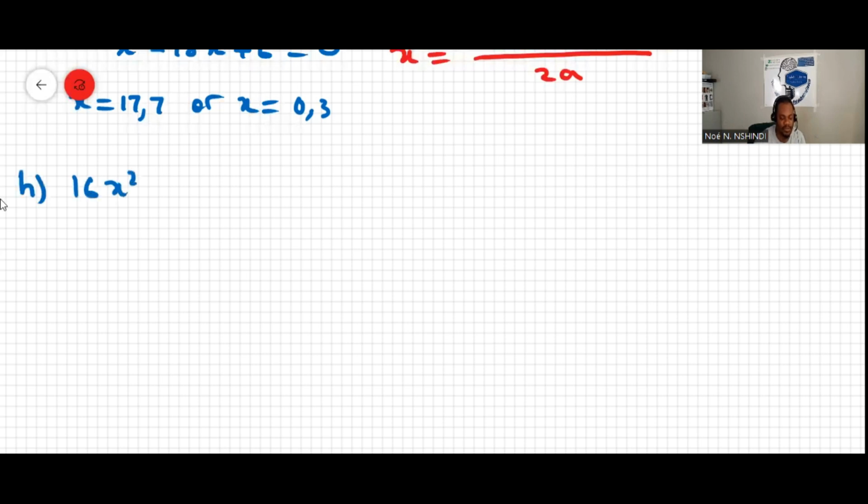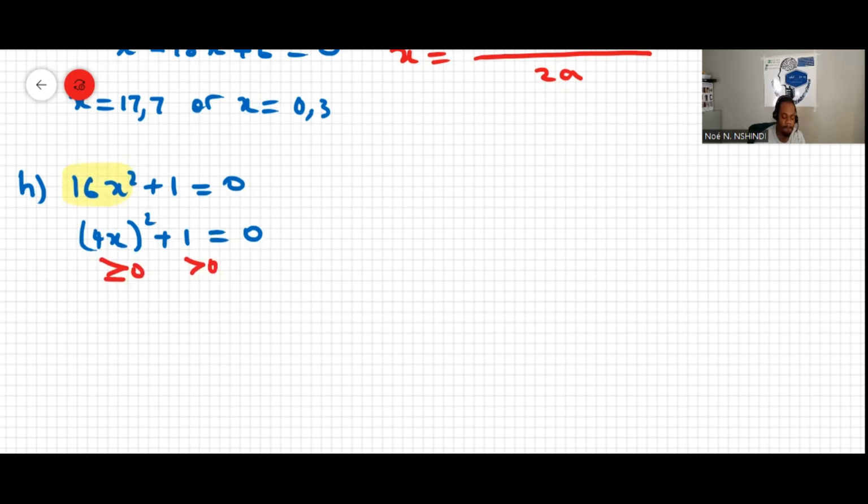16x squared plus 1 equals 0. Again, if you look here, 16x squared is just a square number, because 16 is 4 squared. Okay, it can be written as 4x to the power of 2 plus 1. So here we have greater or equal to 0, and then greater than 0.